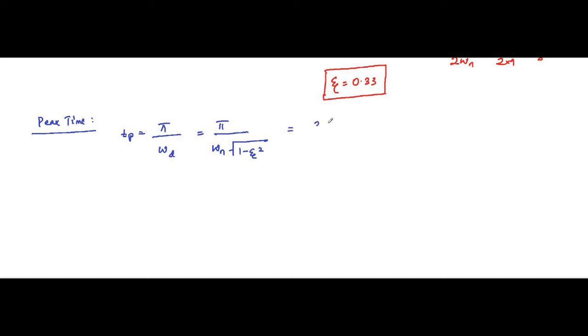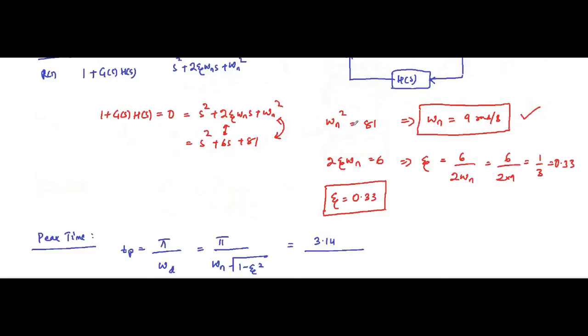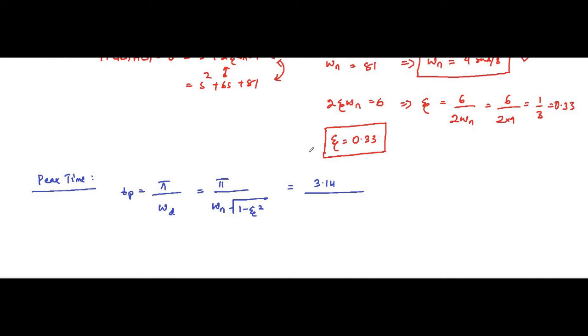So it is 3.14 by omega n, which we calculated as 9, into root over of 1 minus zeta square, which is 0.33 square.